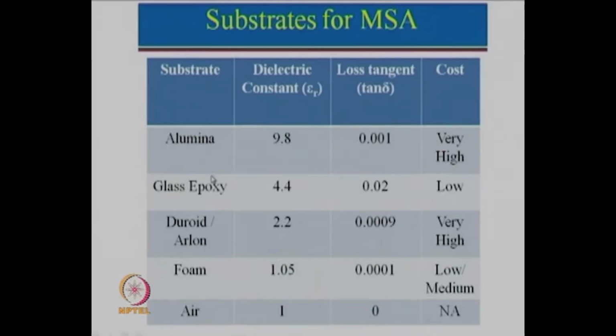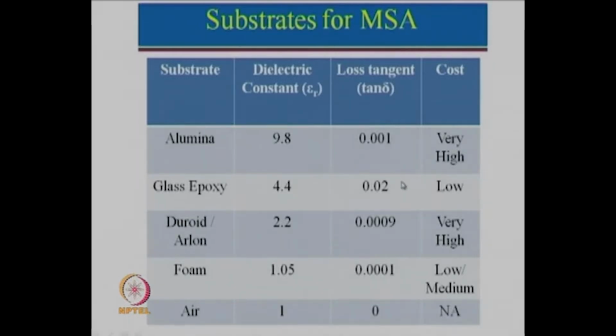The next, very low cost alternative is to use glass epoxy substrate, also popularly known as FR4 substrate. This is the commonly used substrate for all printed circuit boards. The typical dielectric constant is 4.4, but in reality it may be from 3.8 to about 4.6.